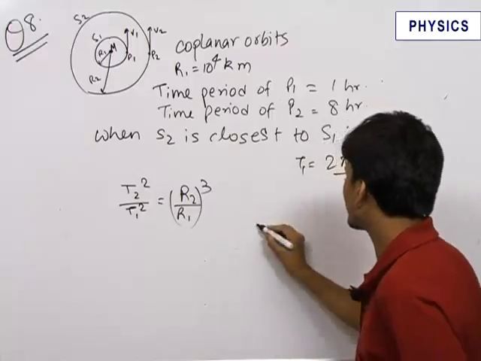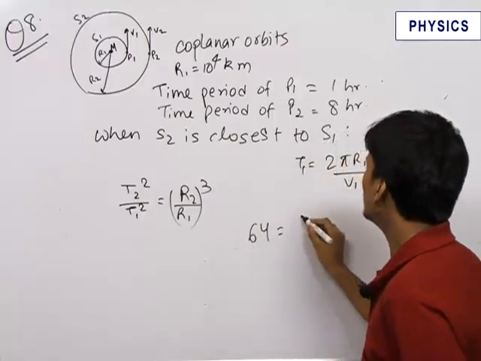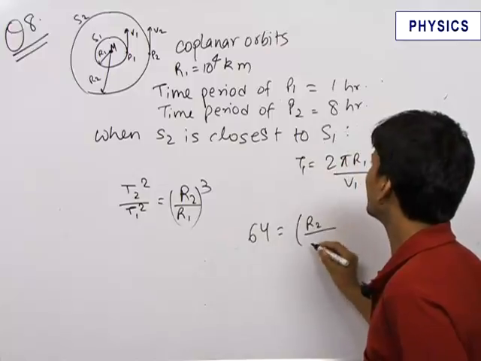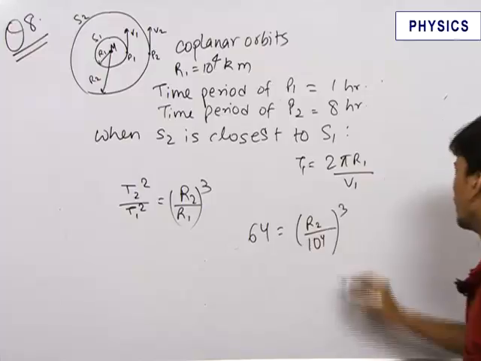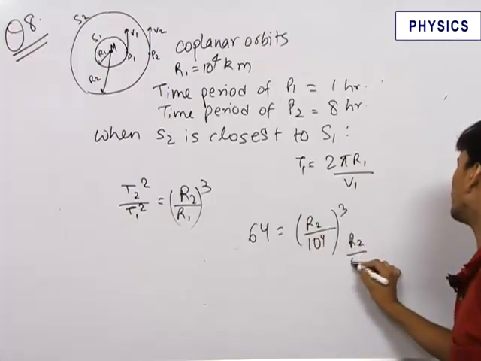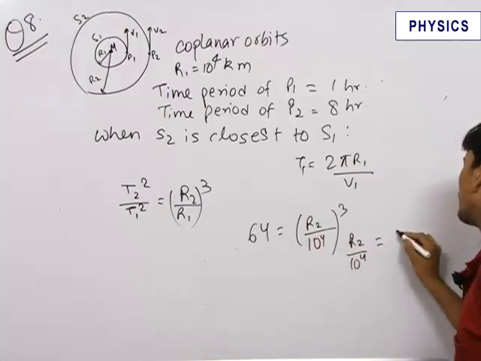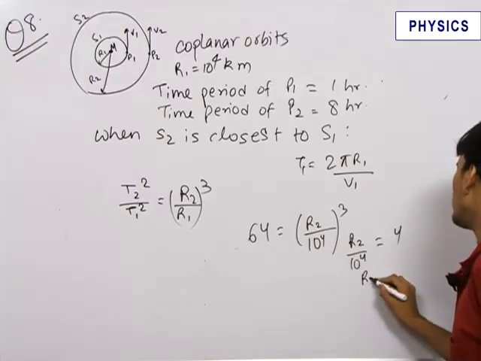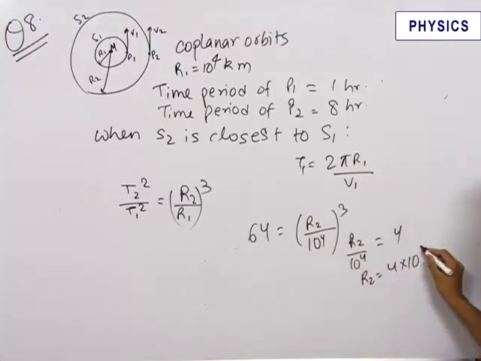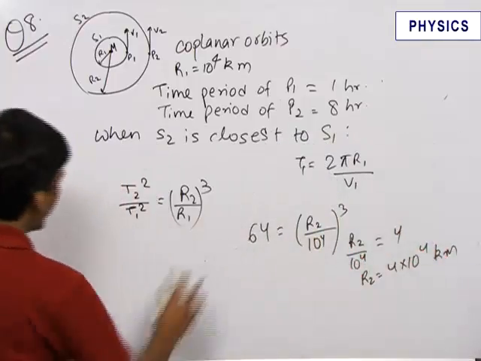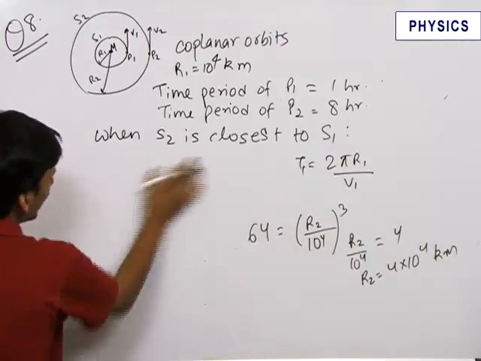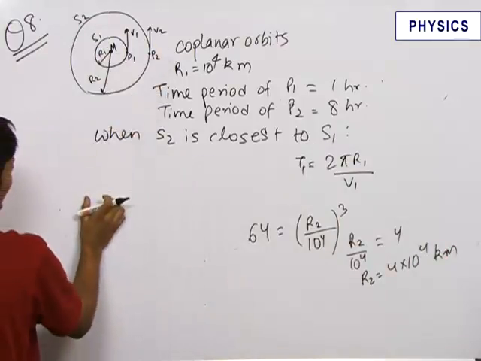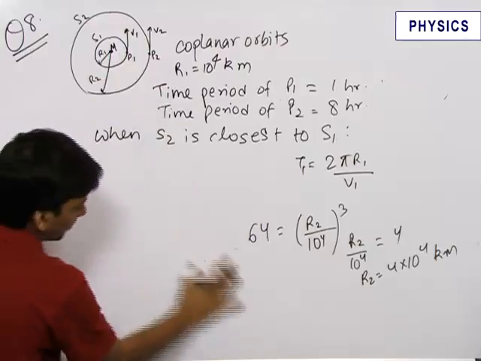Therefore 8 square, that is 64, is equal to r2 upon 10 raised to the power 4 whole cube. Therefore r2 upon 10 raised to the power 4 is equal to 4. Therefore r2 is equal to 4 into 10 raised to the power 4 kilometers. Now we need to find out v1 and v2 so that we can find out their relative velocity when they are closest.